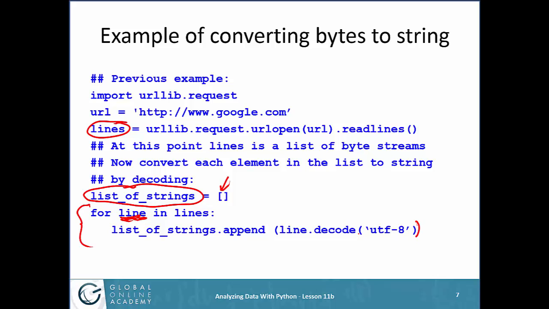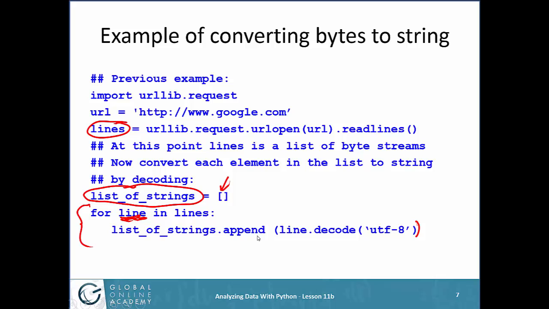One parenthesis to close the decode, one to close the append. Okay, so I've got list_of_strings.append(line.decode('utf-8')). Now at the end of this, list_of_strings has maybe 1, maybe 2, maybe 10, maybe 50 elements in it, each one of which is a string variable.